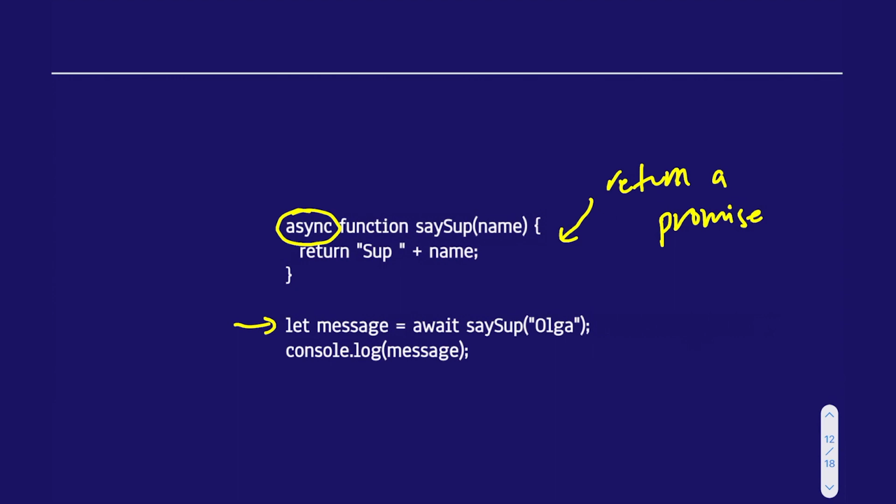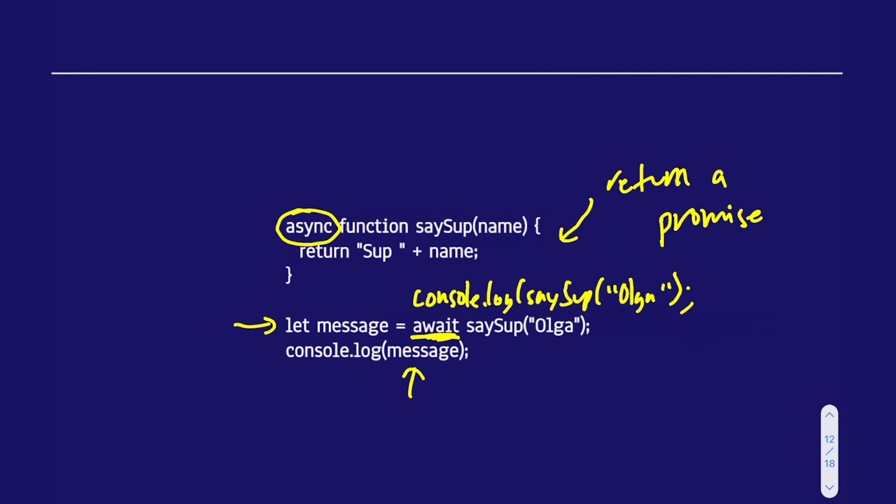If you were to do console.log say sup Olga, it wouldn't print out sup Olga as you might anticipate. It's going to print out the promise. And the reason why is we still need to await that promise. When you await the async function and you store that into a variable, then what happens when you print out the result of that variable is you get that hello Olga.